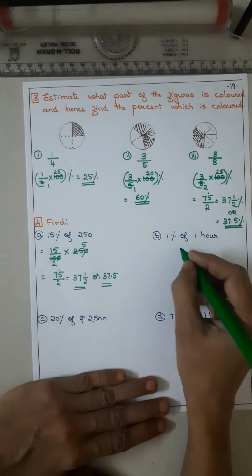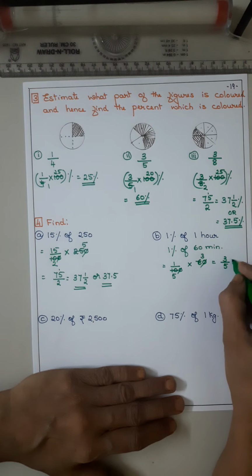Now you find 1 by 100 of, means multiplication, and then it is 60. 0, 0 cut. 2 5s are 10, 2 3s are 6. Now you got 1 3s are 3 and the denominator is 5. It is 3 by 5 minutes.